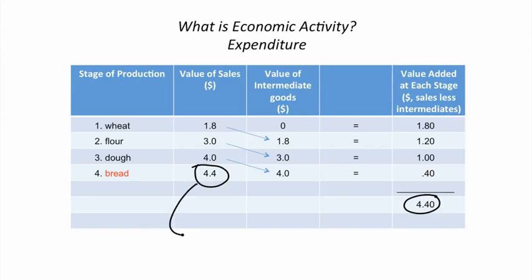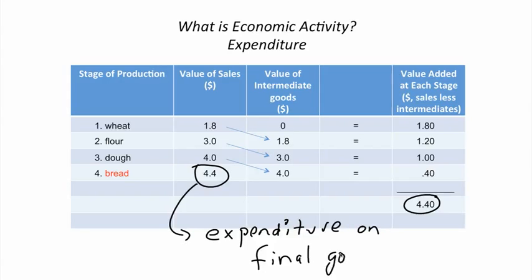This represents the expenditure on the final good, not the intermediate good. And as you can see, and fairly logically, that expenditure gives you the exact same answer as the summing together of all of the value addeds.